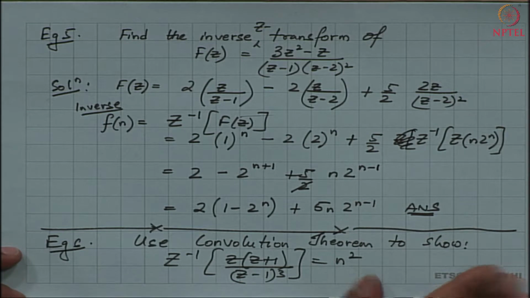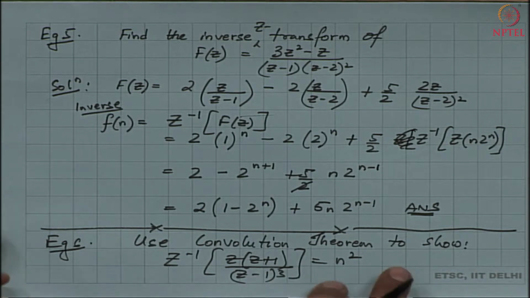So, I need to show this using the method of convolution. Which means I need to break this quantity inside into the product of two simpler quantities for which I can find the inverse transform. Let us look at that step.